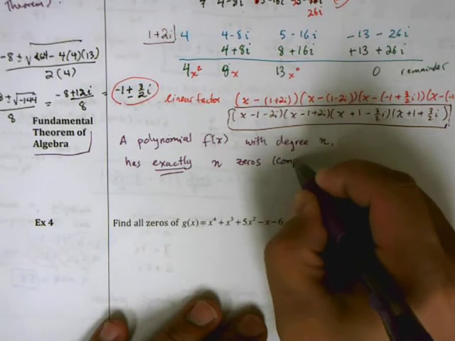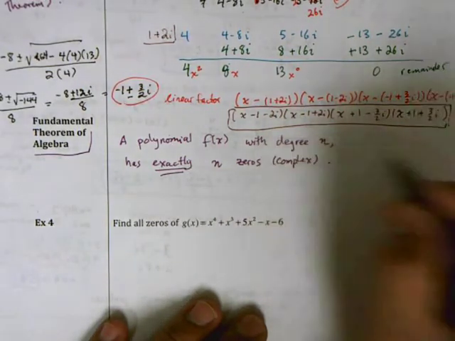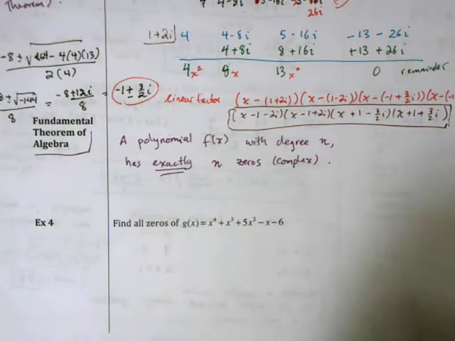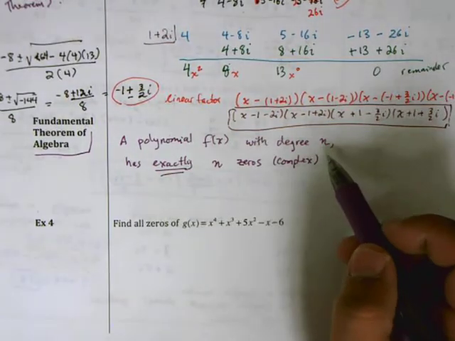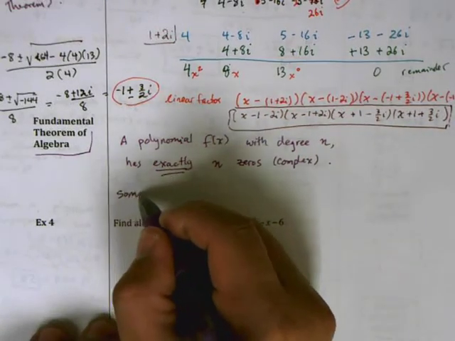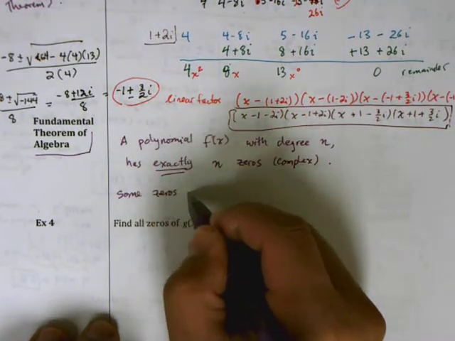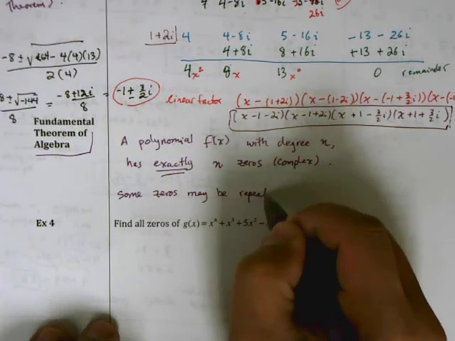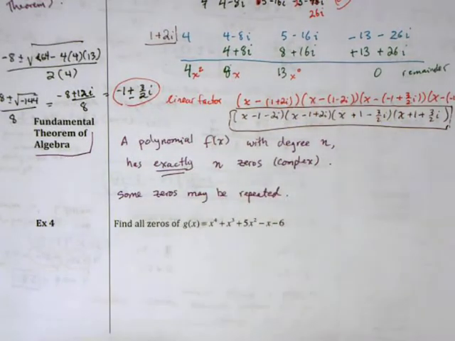And I should qualify that by saying n complex zeros. Some of them may be real, some of them may be complex, but whatever the degree is, that's how many zeros there are. Some zeros may be repeated.